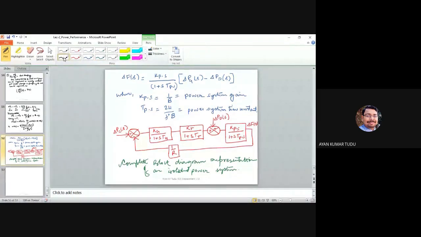But since we have considered that the system is of finite size, this is a complete block diagram of an isolated power system, meaning it is not connected with an infinite bus.